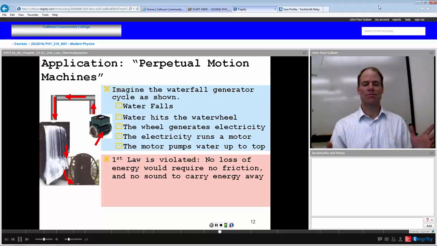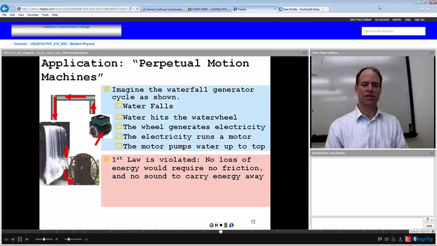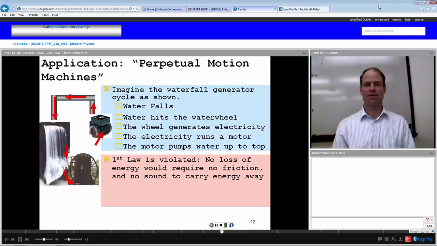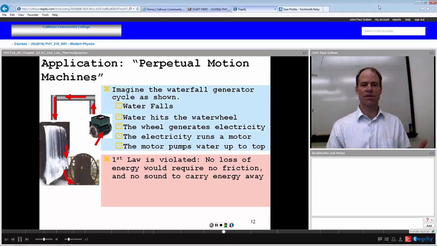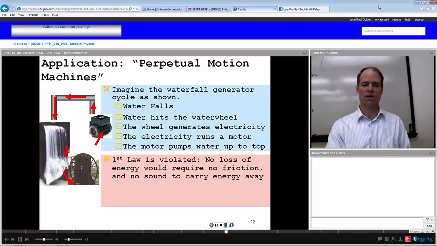This machine cannot work perpetually, because for it to work perpetually, we'd have to assume that energy was conserved every step along the way. There would be no energy lost to friction. There would be no sound, because sound is energy, so there'd be nothing lost every step of the way. You wouldn't be able to hear anything. No loss to friction would violate the first law of thermodynamics.